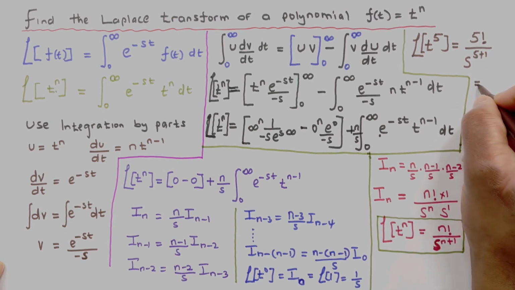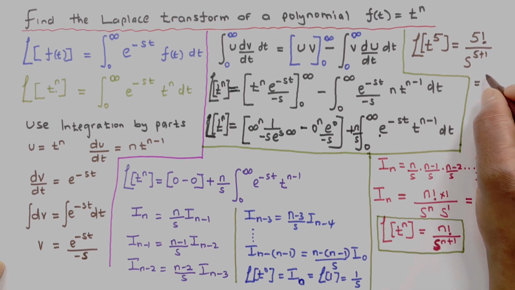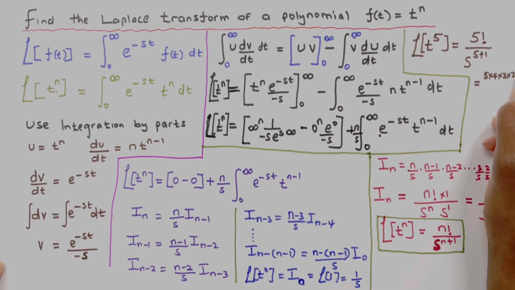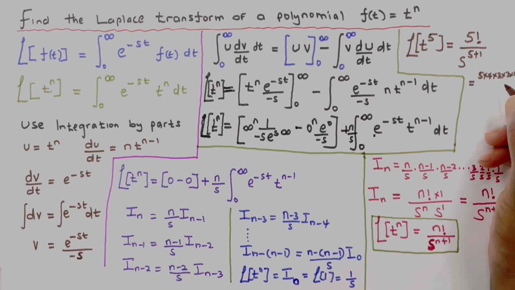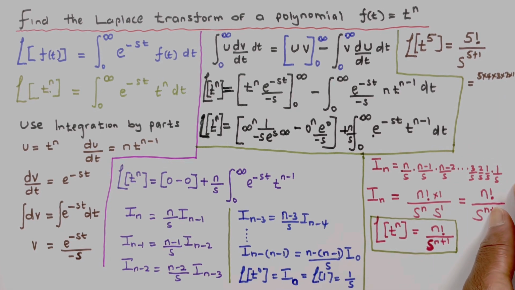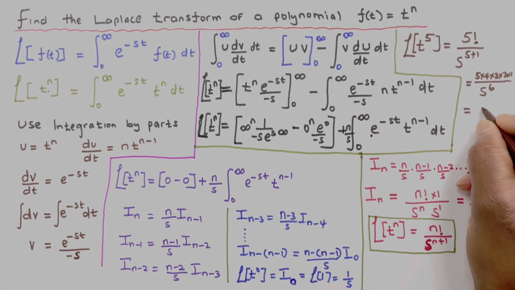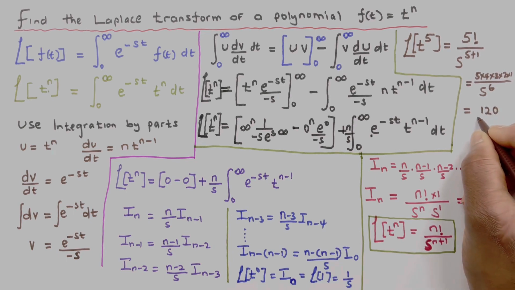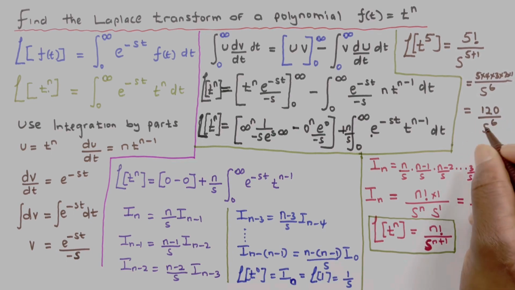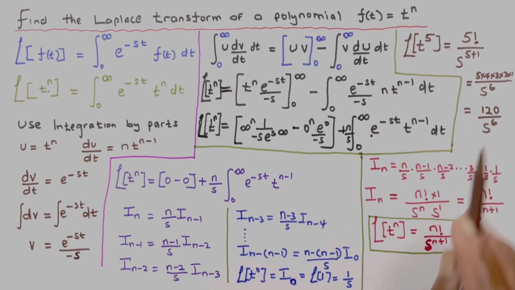And that will be 5 times 4 times 3 times 2 times 1 over s to the power 6, and that will be 120 over s to the power 6. So that is the Laplace of t to the power 5, which is 120 over s to the power 6.